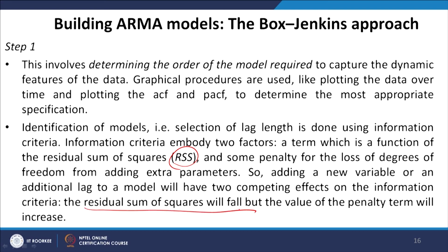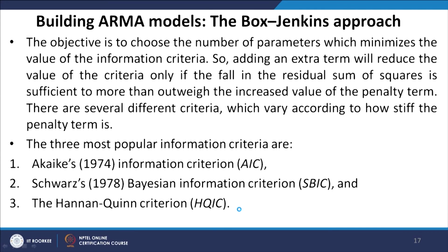We know that with the inclusion of additional variables, ESS, or explained sum of squares, inevitably increases and RSS inevitably decreases, but the value of the penalty term will increase. So, it will offset the decrease in the residual sum of squares. The objective is to choose the number of parameters which minimizes the value of the information criteria.